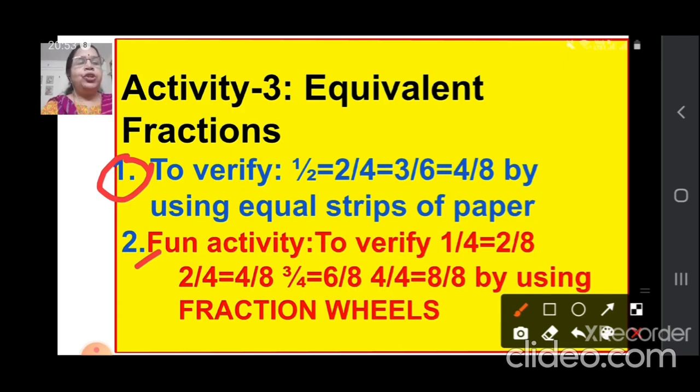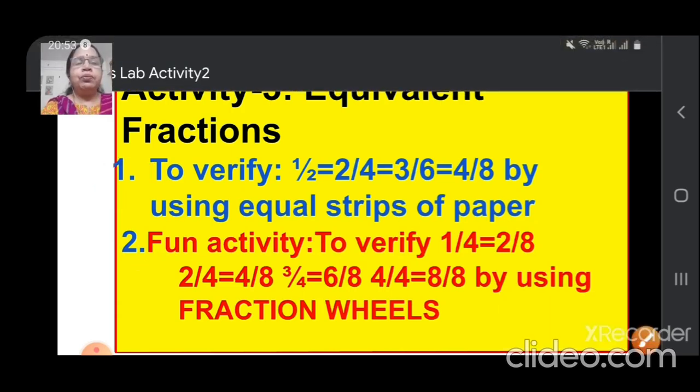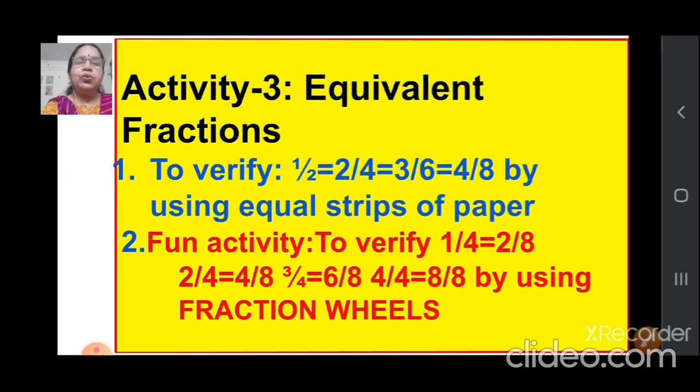It is for you to learn about the equivalent fractions while having fun.